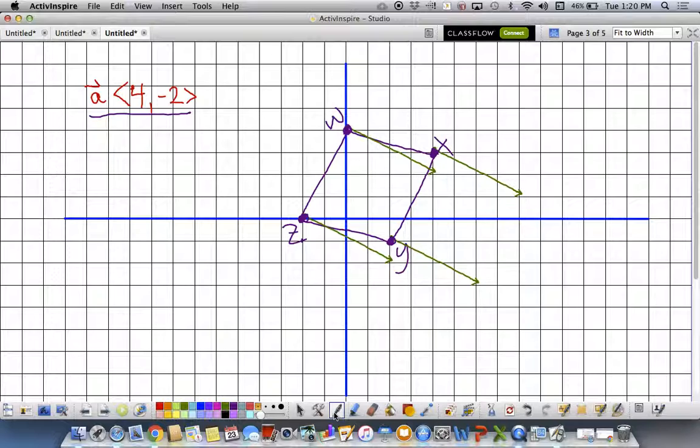So we take each vector's terminal point at the end of the vector. Then when we connect those points, W was translated 4 units right, 2 units down. That is W prime.